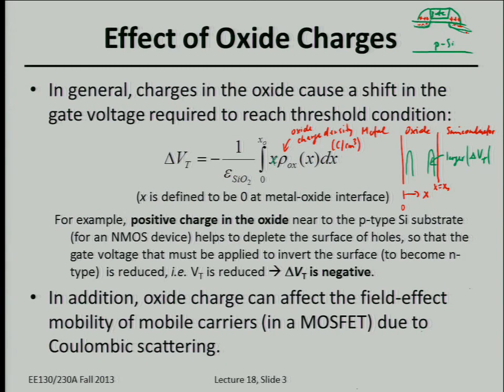So they can effectively reduce the mobility of electrons moving along the surface between, let's say, N plus source and drain regions, right? If you want an electron moving very quickly along the interface, you really don't want it to be under the influence of more scattering due to Coulombic charge. Okay?